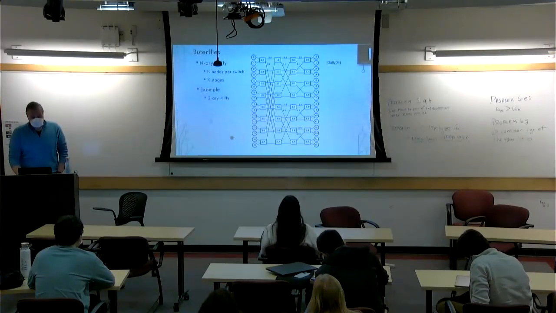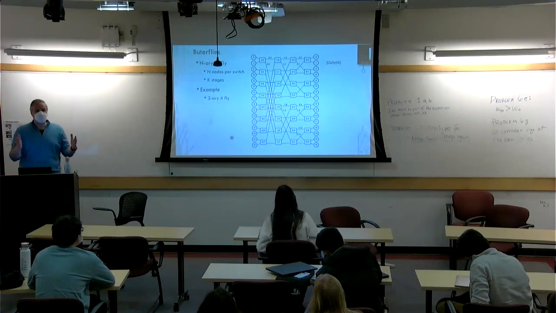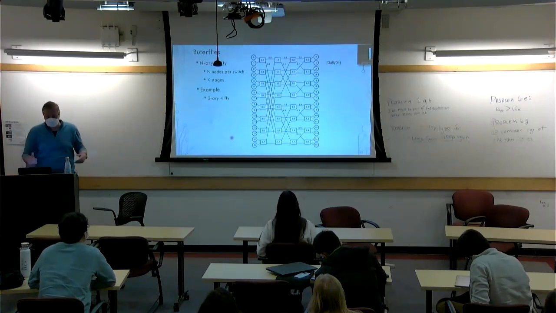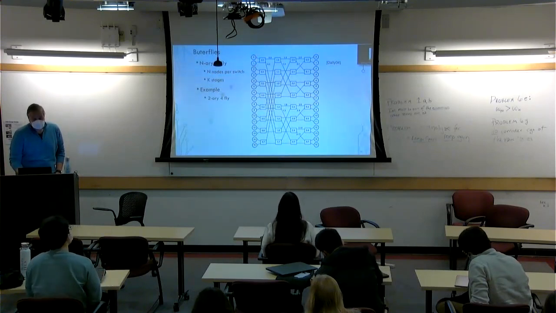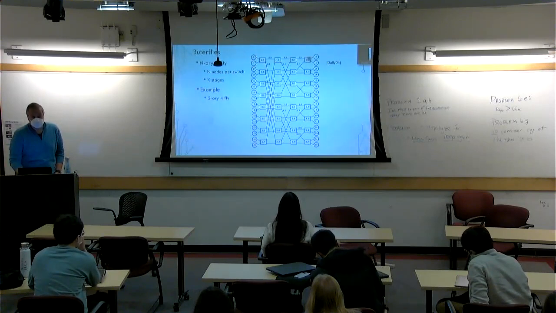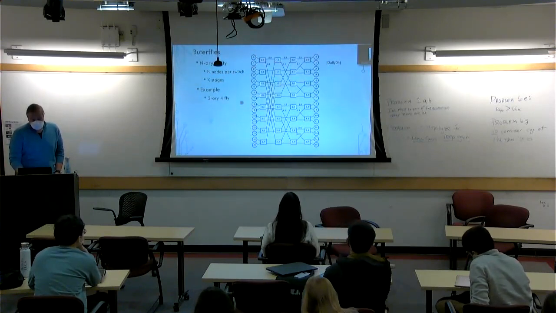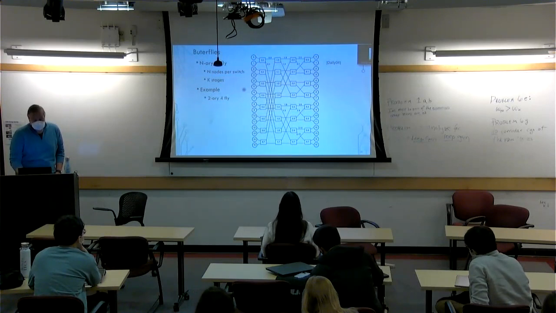Butterflies also try to minimize the number of routers connecting the nodes. The nomenclature here is NRE K fly, where NRE is the number of nodes per switch. In this case, it's 2 nodes per switch, so 2 RE, and 4 fly is how many switches are in the path. So this is one example where you connect 16 cores to each other.